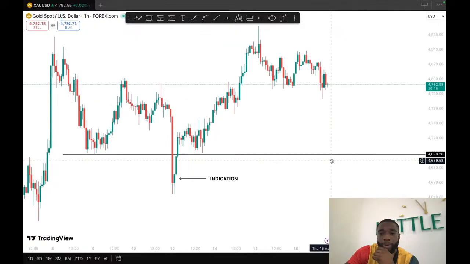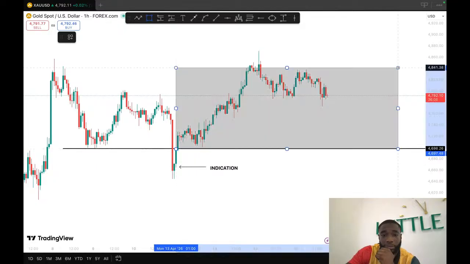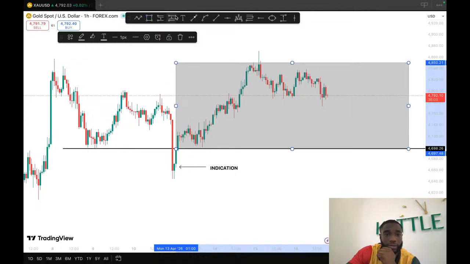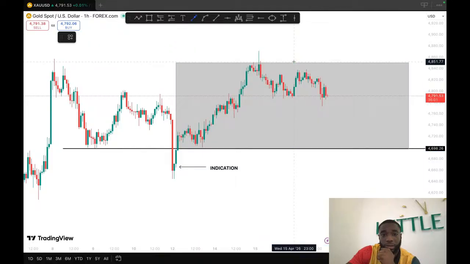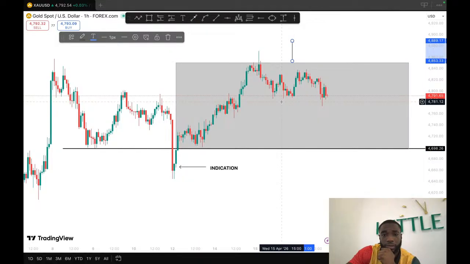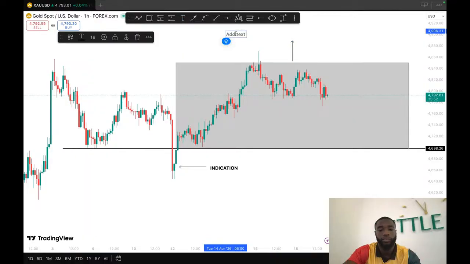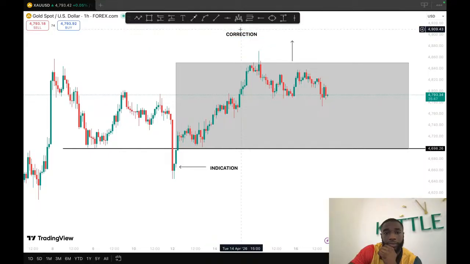So supposing this is the indication, all of this, anything from here or here, is a big, big correction. All here is a correction.